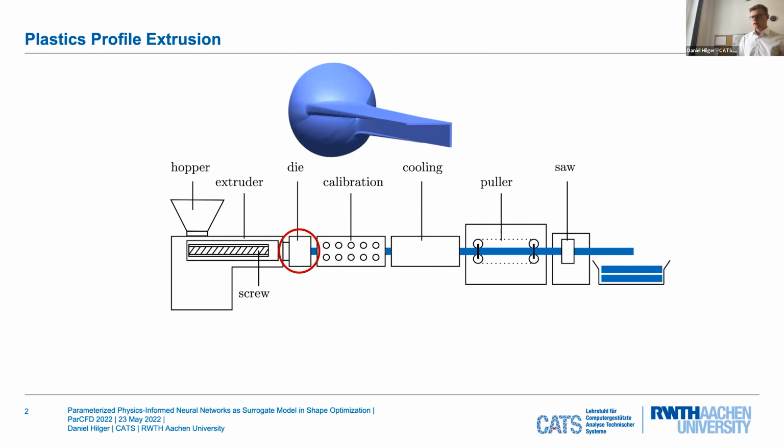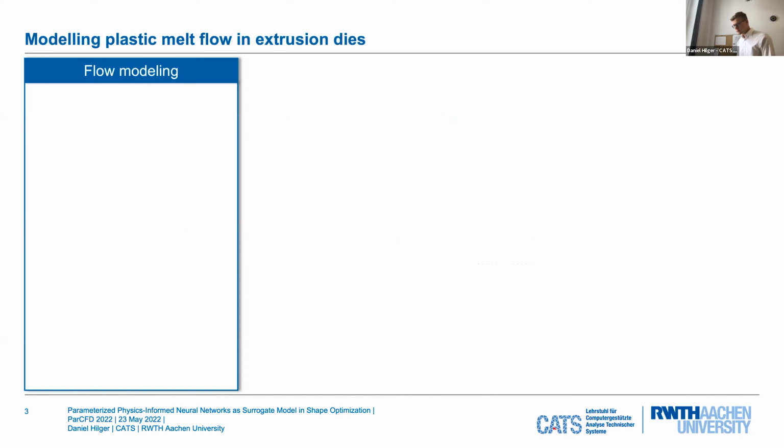As mentioned, we will talk about shape optimization, especially optimizing the shape of these extrusion dies. Why do we want to optimize these extrusion dies? To understand that, we first have to understand the special characteristics of plastic melts.